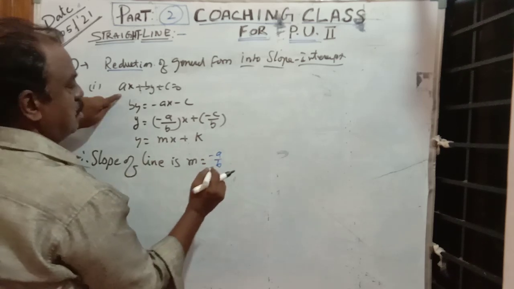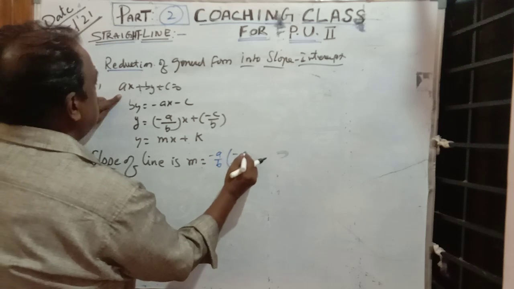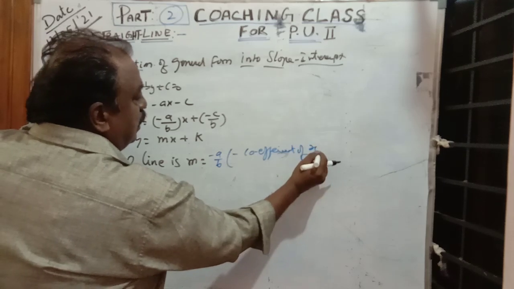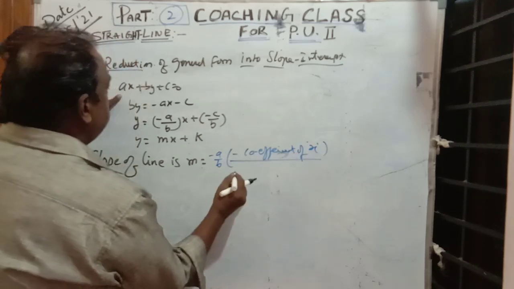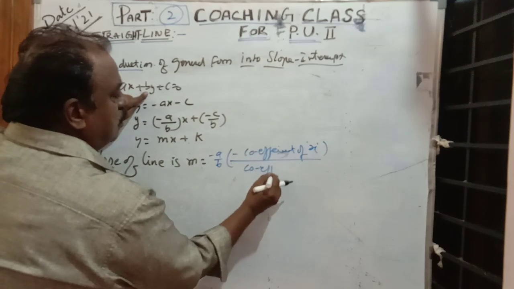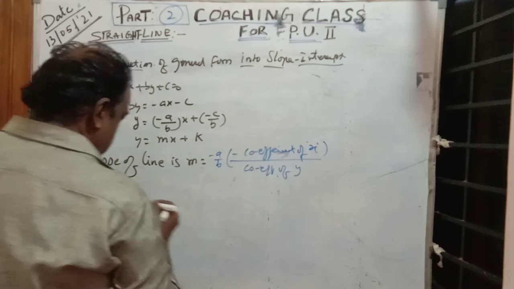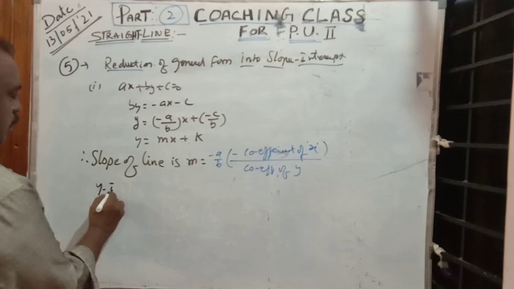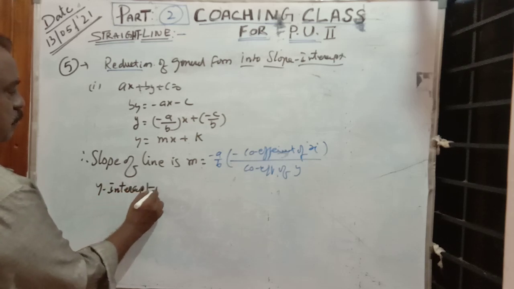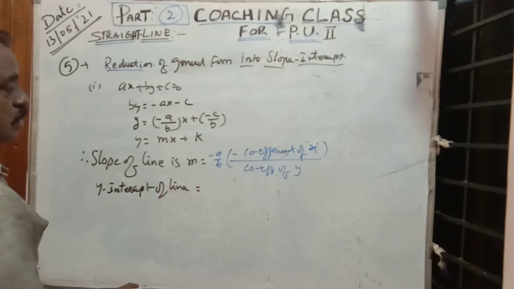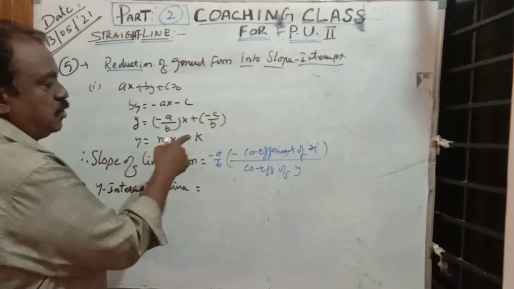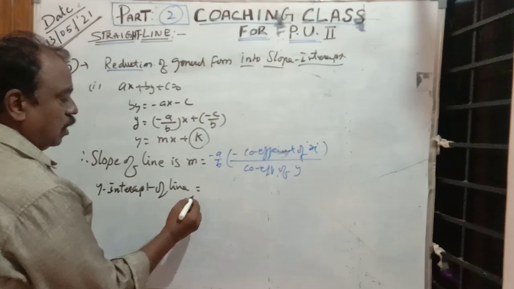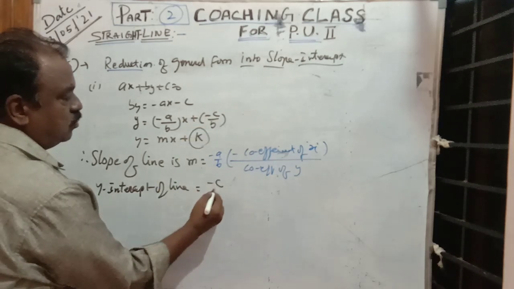What is minus a by b? It is minus the coefficient of x by the coefficient of y. Whereas the y-intercept of any line, I am writing here actually y is mx plus c, but c is already used, that is why I am taking this k, is simply minus c by b.